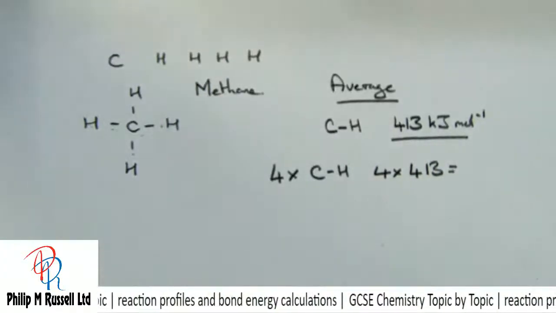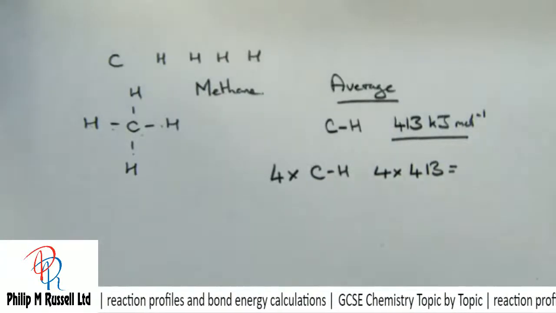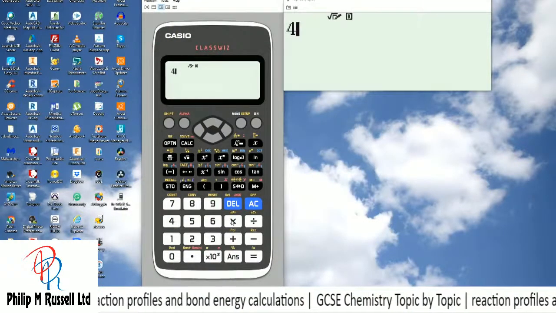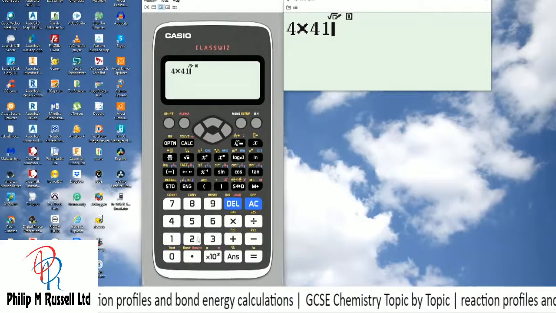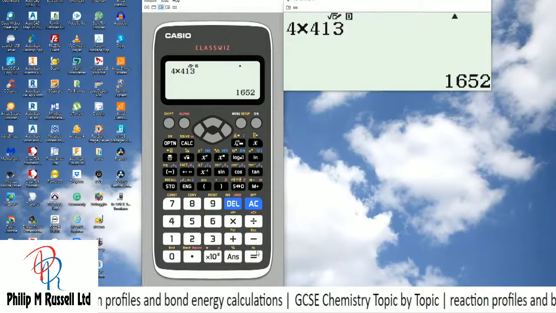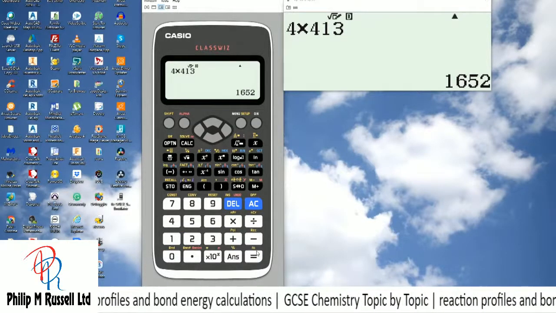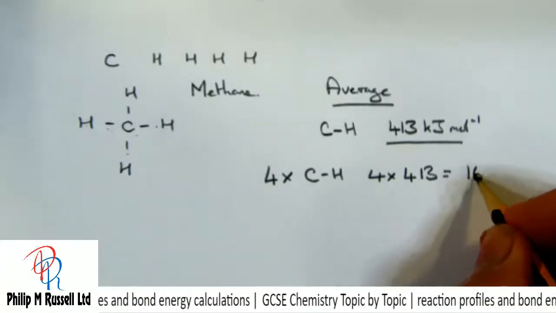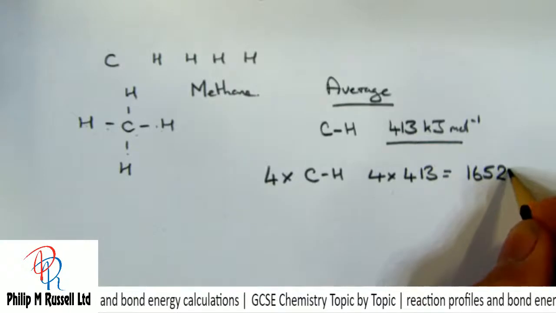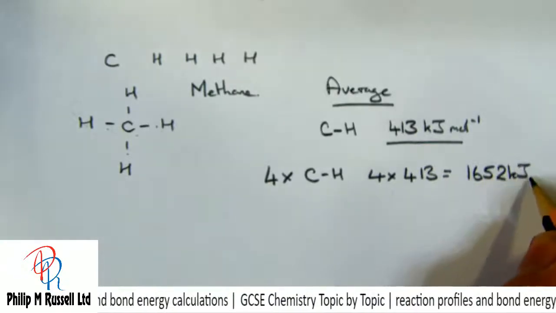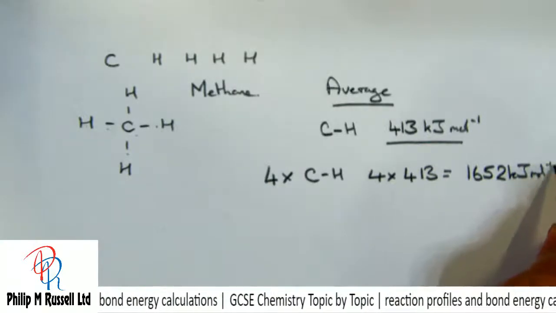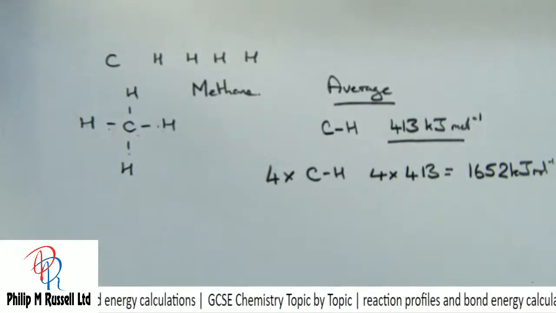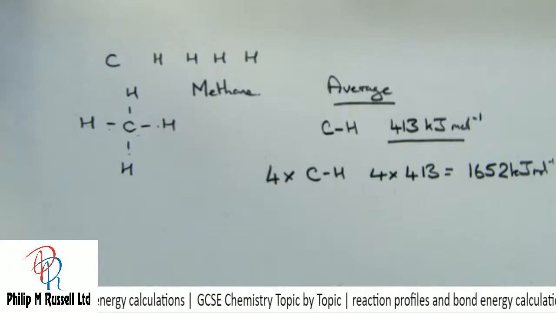And using my calculator, we can simply work out what is 4 times 413. 1652 kilojoules per mole. So that is the amount of energy in a molecule of methane.